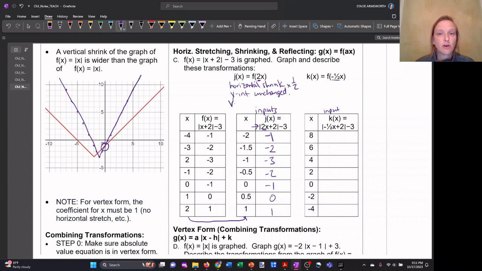We can describe the vertex. The vertex is here at -1, -3. We can describe the domain. The domain is all real numbers. And we can describe the range as being values of y that are greater than or equal to -3.